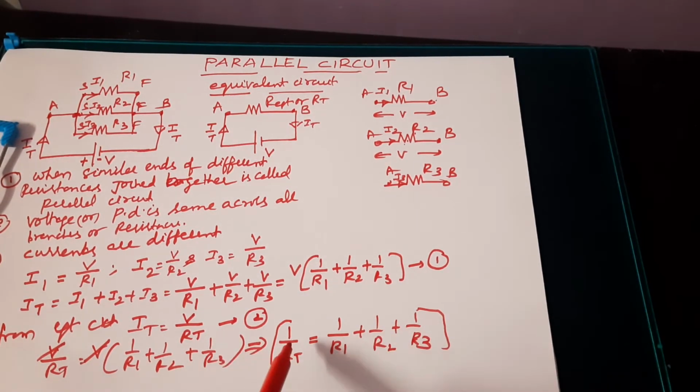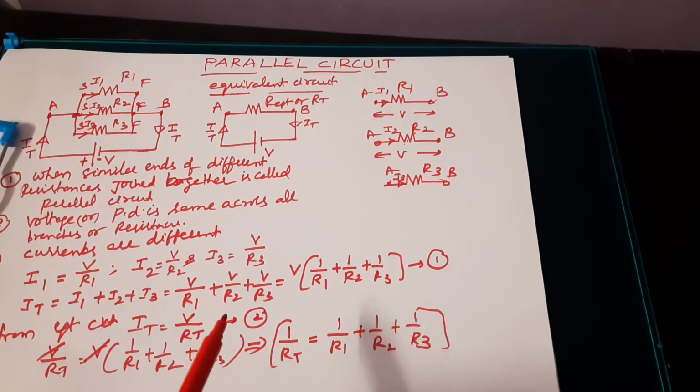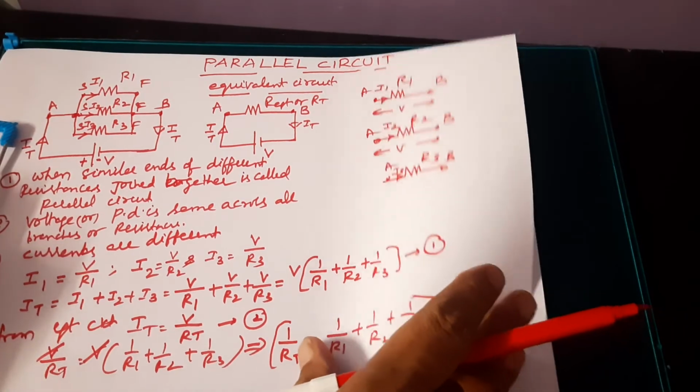So it is difficult to remember the resistance formula by using this, but in a simplified manner, in a parallel circuit, when we have only two branches, say for example R1 and R2, we can write the total resistance as 1 by RT equal to 1 by R1 plus 1 by R2.